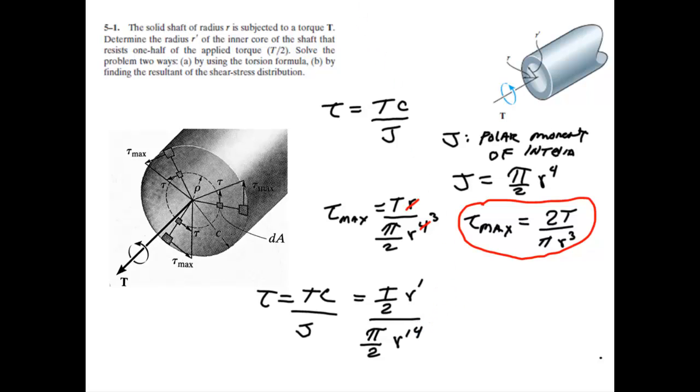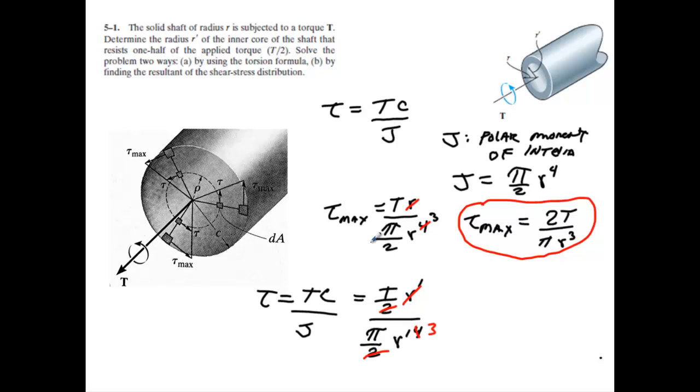Okay, we need to simplify that. We can get rid of this part here, make this a 3, and get rid of the 2's.